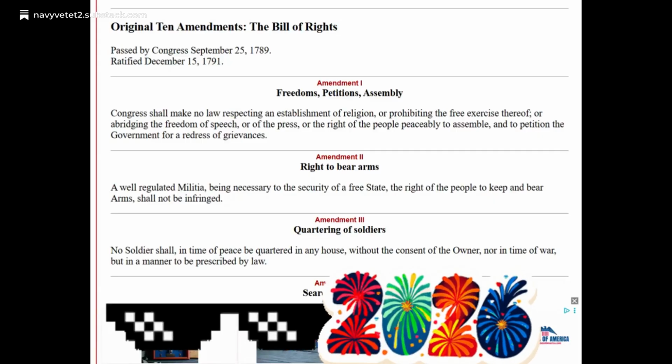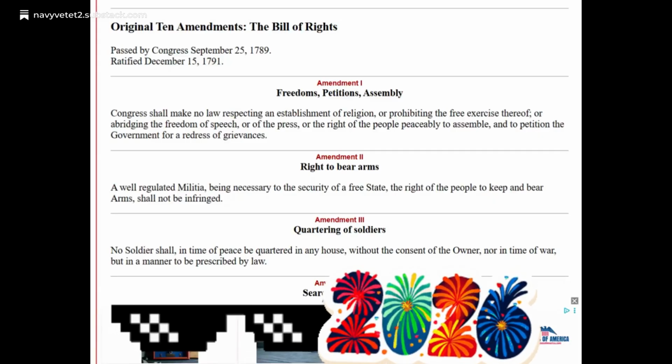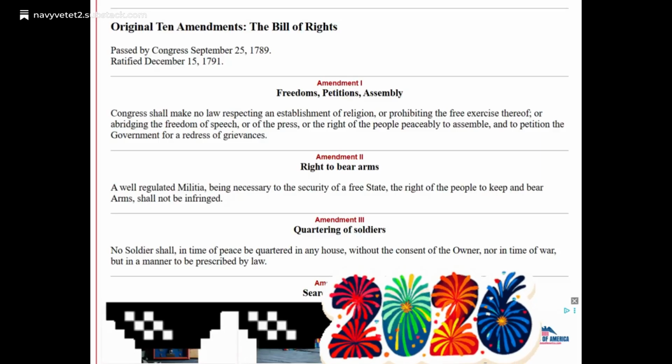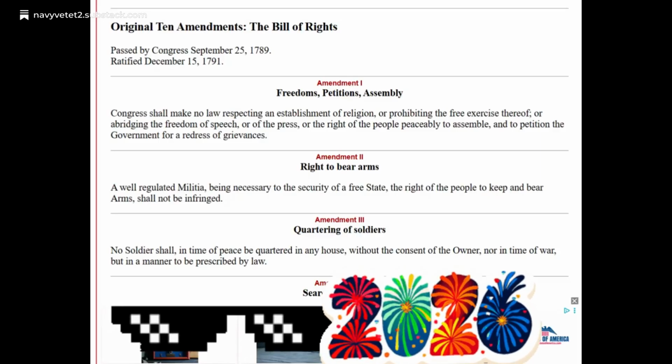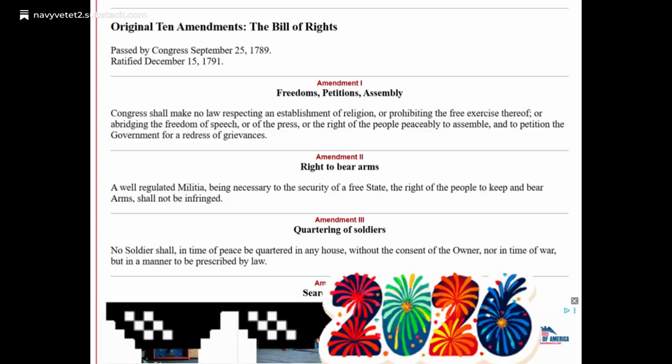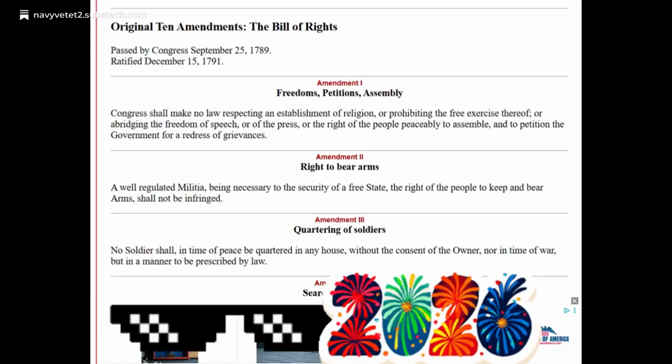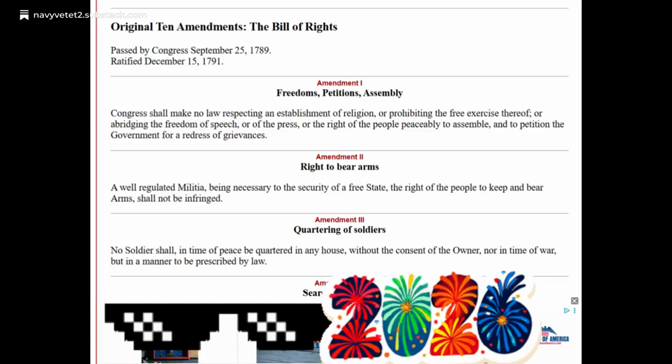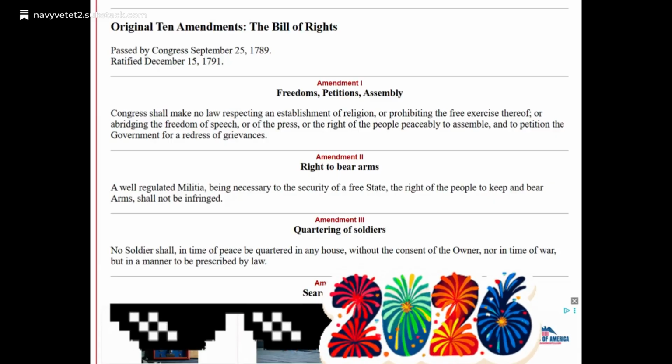The extent of the guarantees of the First Amendment continues to be subject to contention. Oliver Wendell Holmes, in the Supreme Court opinion Schenck v.